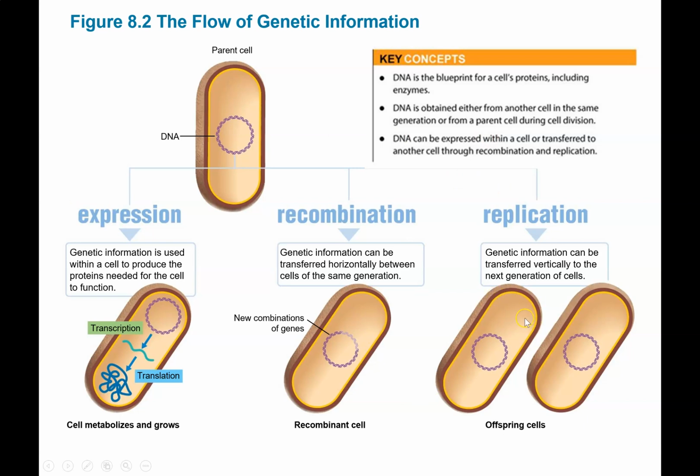because if a bacterial cell wants to divide, which is what they tend to do, right? And when they're causing an infection, they're growing and dividing in your body. The first thing they have to do is replicate their DNA so that their offspring receive that genetic information as well.